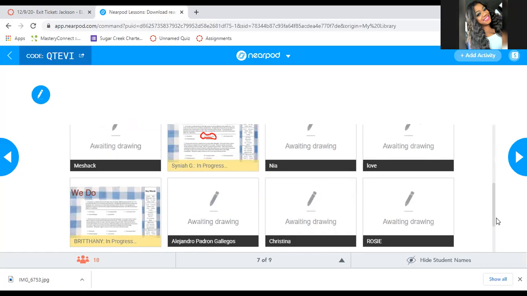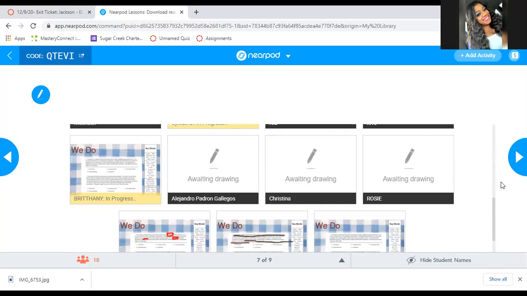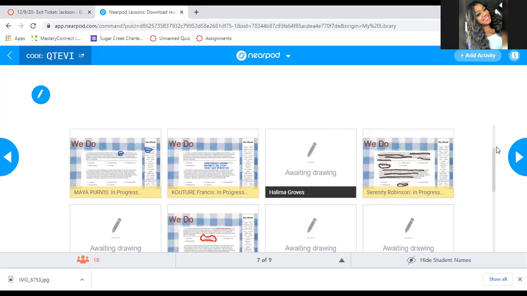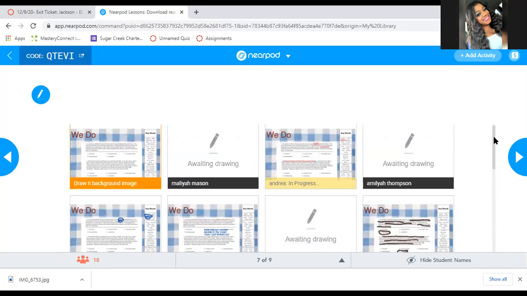Nia, Love, Alejandro, Christina, Rosetta, Halima, Amelia, Malia, all of you should be in progress as well. I'm not sure if it's just showing me that or if you're not really in it. Write me in the chat.